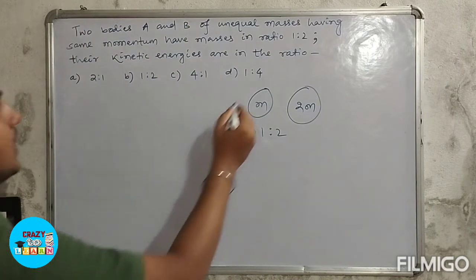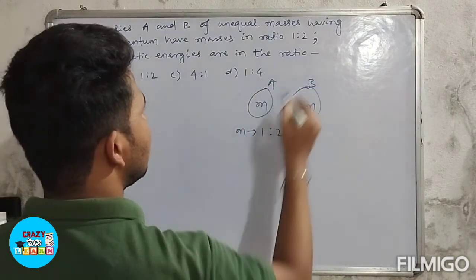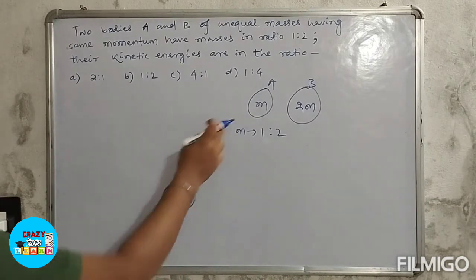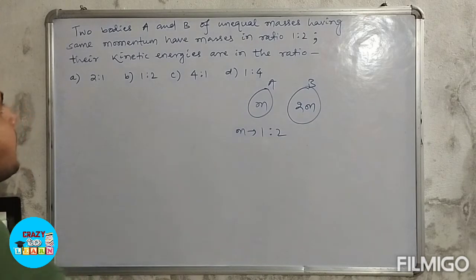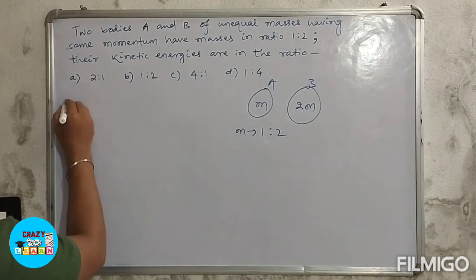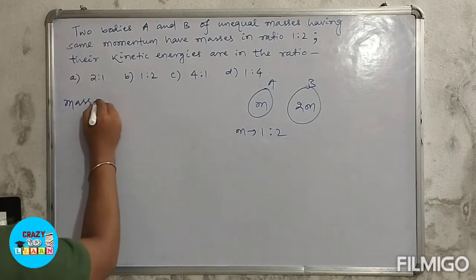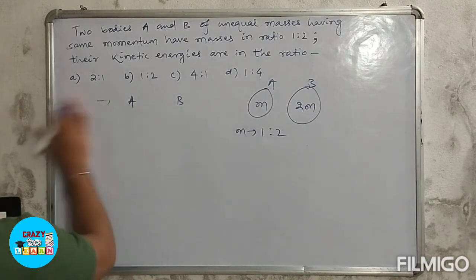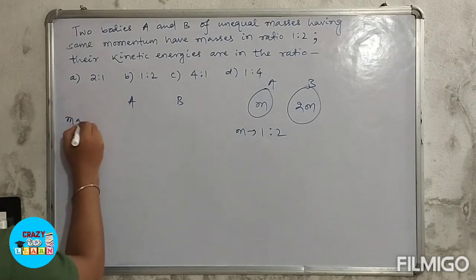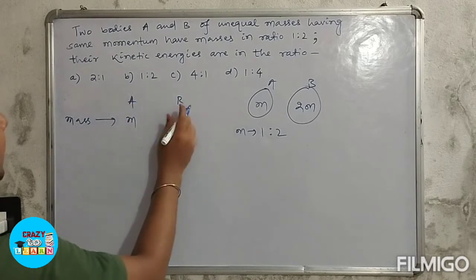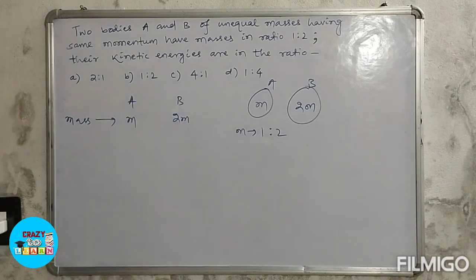If this is body A and this is body B, both have the same momentum. So the mass of body A is m, and the mass of body B is 2m, as it is given to you.